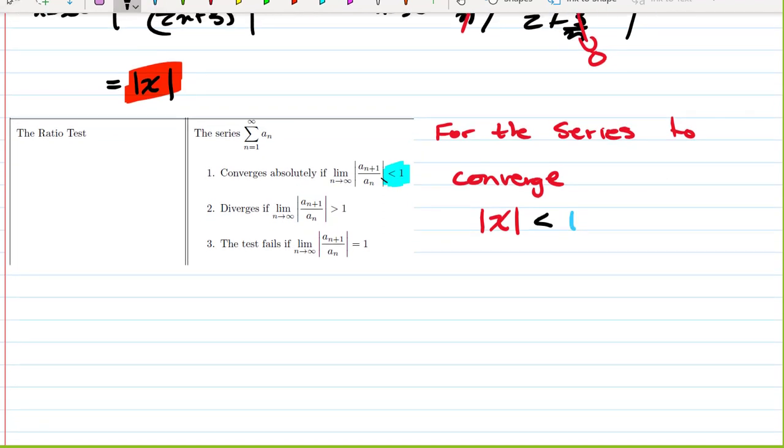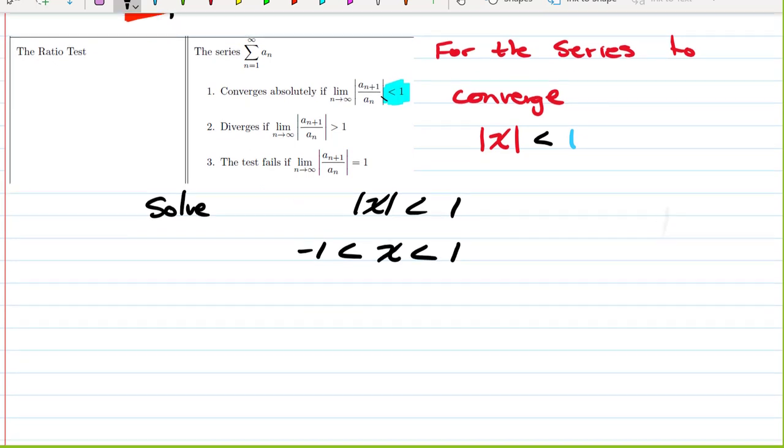So in other words, we have to solve the following inequality. The absolute value of x is less than 1. Well, this is a pretty simple absolute value inequality.